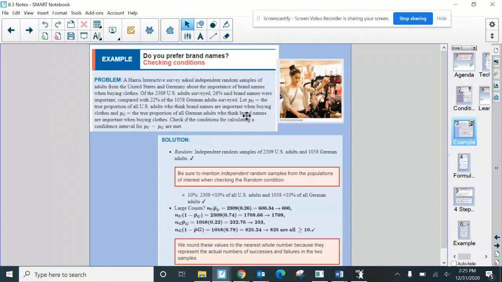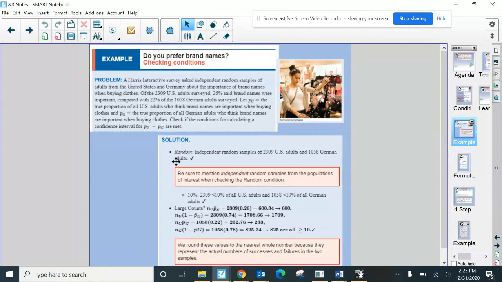And they defined p_U, the true proportion of all U.S. adults who think brand names are important when buying clothes, and p_G, the true proportion of all German adults who think that brand names are important when buying clothes. So we want to check the conditions for calculating a confidence interval for p_U minus p_G. We want to see if they're met.